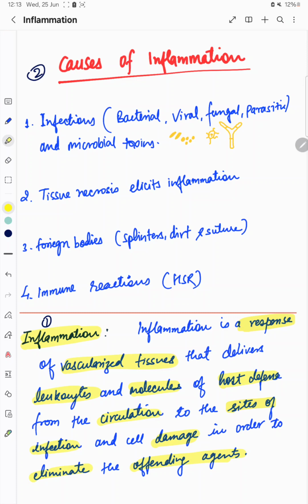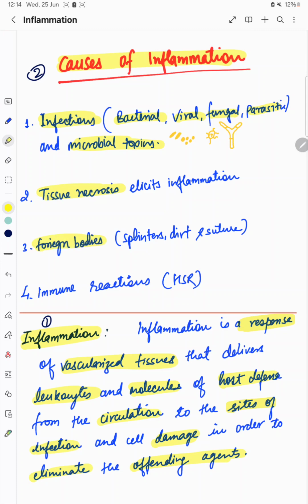What are the causes of inflammation? There are numerous causes of inflammation. Broadly, they can be infections like bacterial, viral, fungal, parasitic infection or microbial toxins. Tissue necrosis may elicit inflammation.